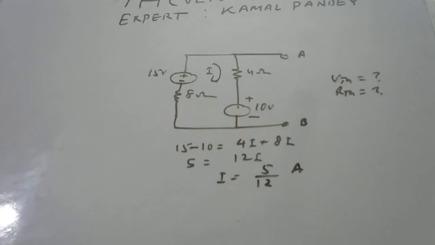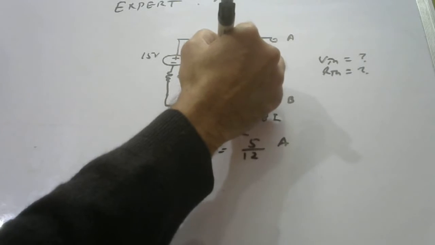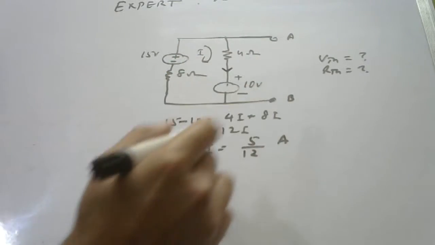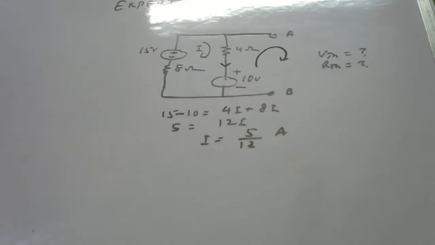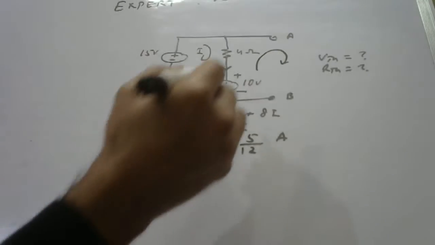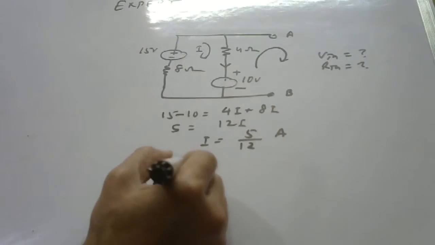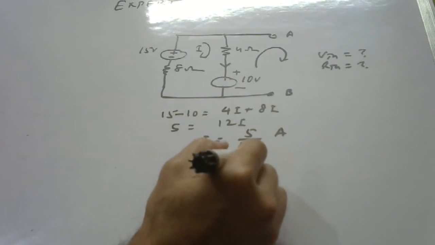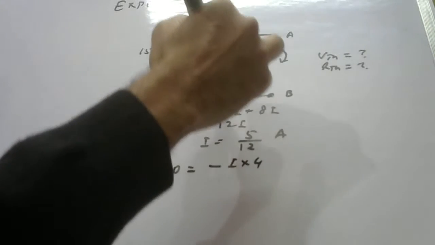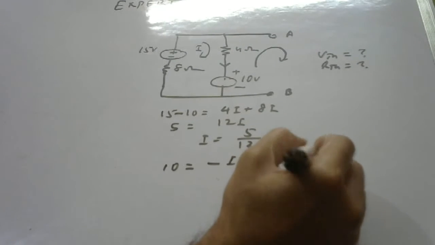Next we use the Kirchhoff law in this direction of current. Negative to positive, second loop we have 10 volt equal to minus I into 4, as the direction of current is downward. We are taking the loop upward plus VAB.